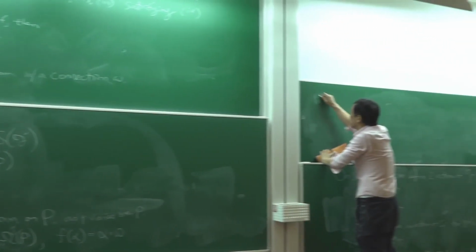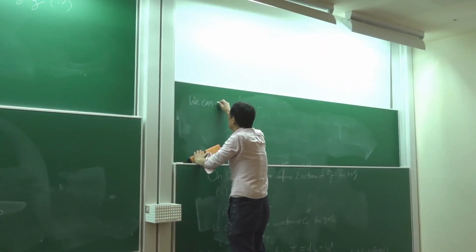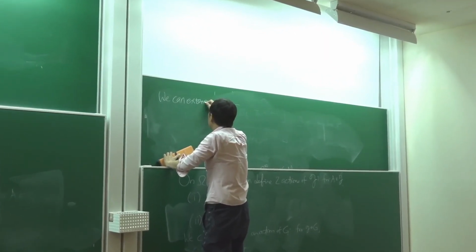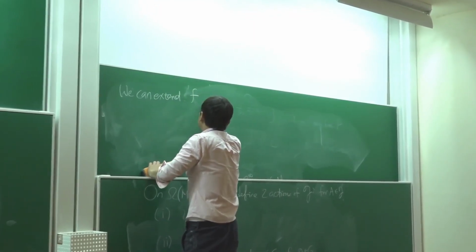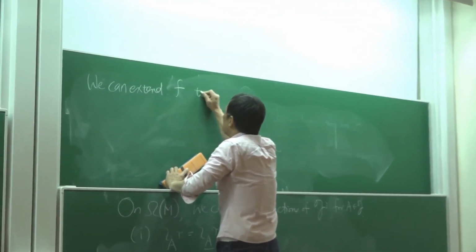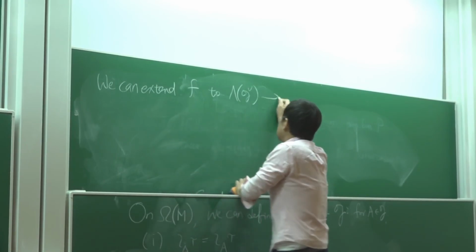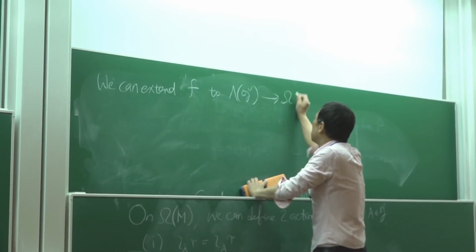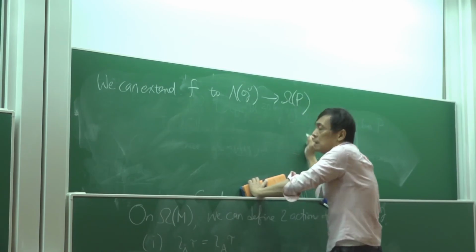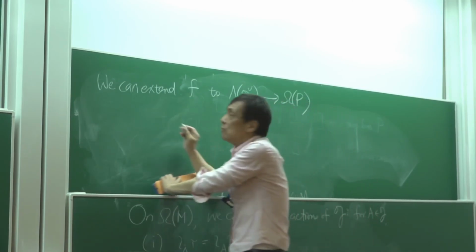So we can extend f to the exterior algebra as an algebra homomorphism.